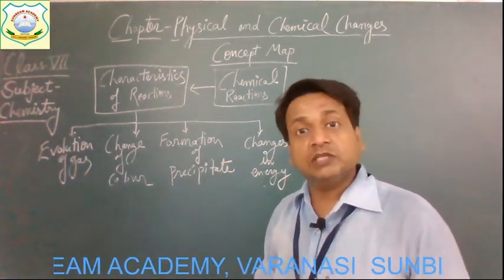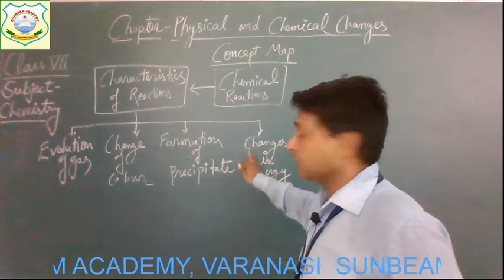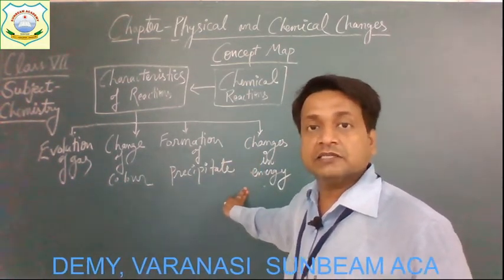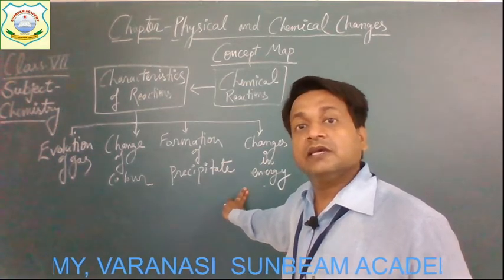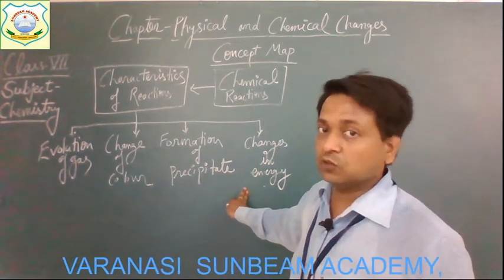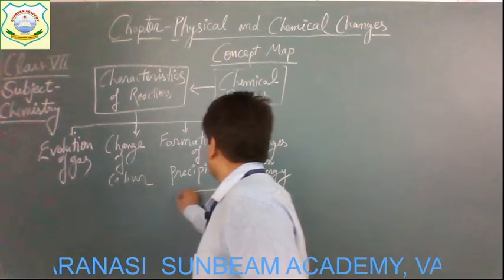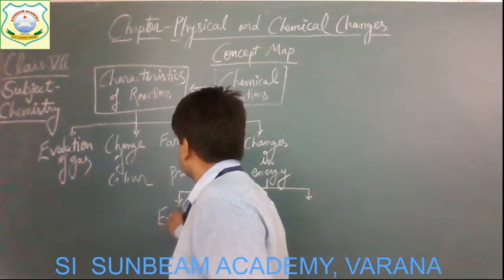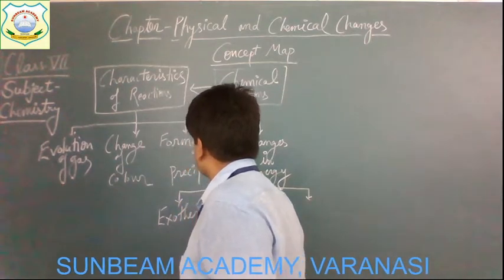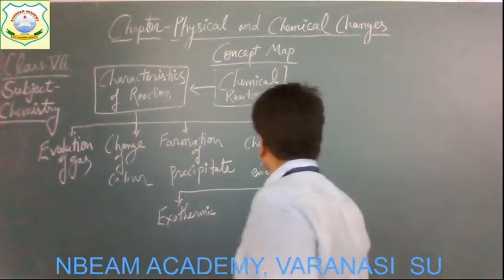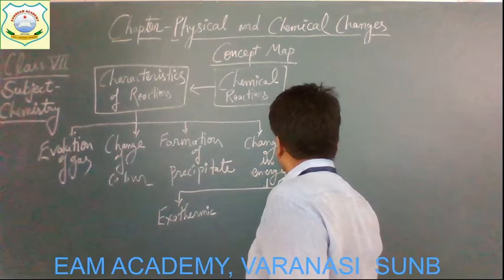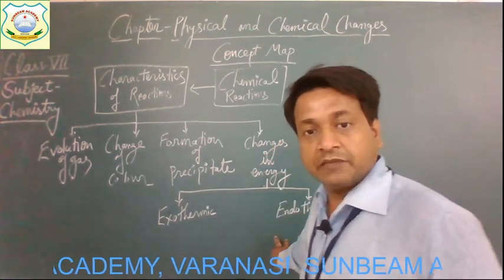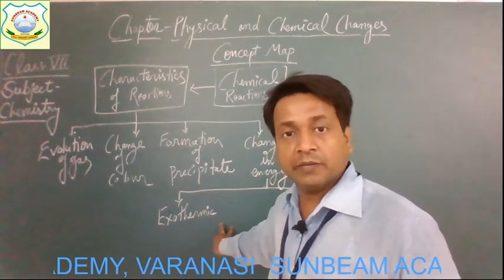On the basis of these two kinds of reactions, on the basis of changes of energy, we can categorize chemical reactions as endothermic and exothermic. Okay, children? So, endothermic and exothermic.